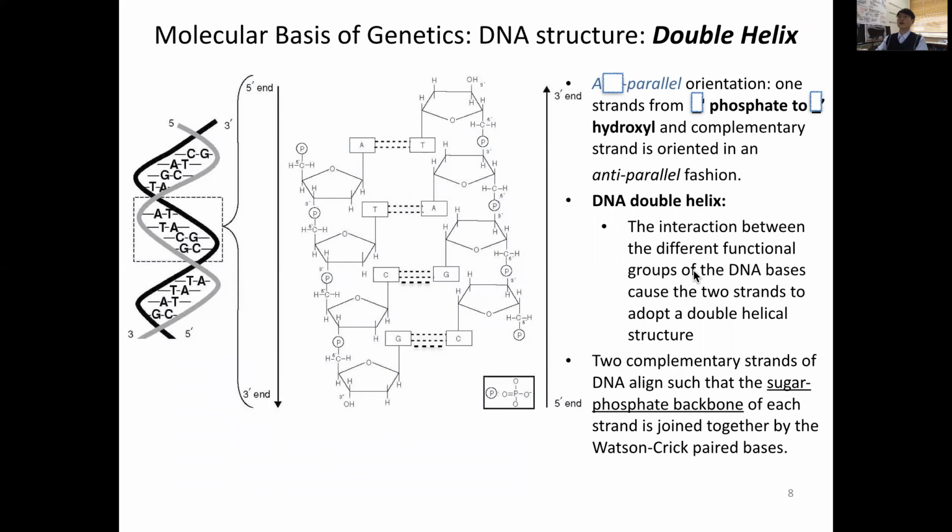So let's talk about the molecular basis of genetics, which comes from the DNA structure as a double helix. The dark and gray ones are single strands of DNA, which are supposed to be complementary to each other. The important thing is there's a numbering here. That number comes from the numbering of the 5 carbon sugar molecule.